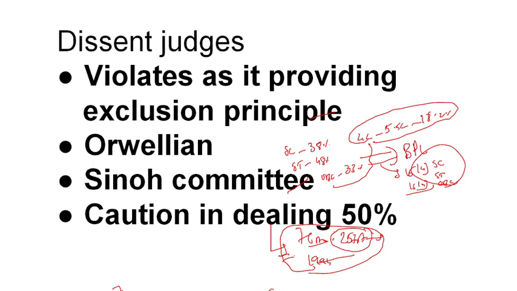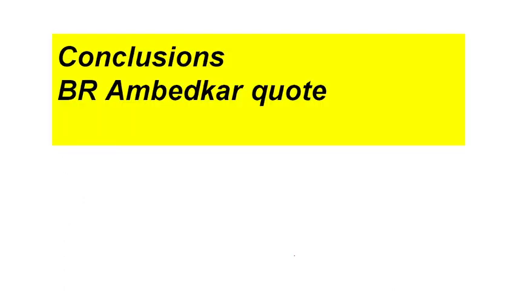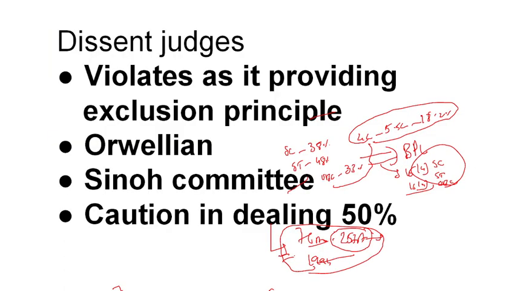It violates the basic structure because it excludes people, and they have empirical evidence, practical data, to say that the economically weaker section doesn't exist only in the general category, but even in the backward sections. So we need to use reservations for them also. There is also the 50% ceiling limit, which they cautioned about, because this kind of thing will definitely violate it. So we need to take care and caution on this principle.